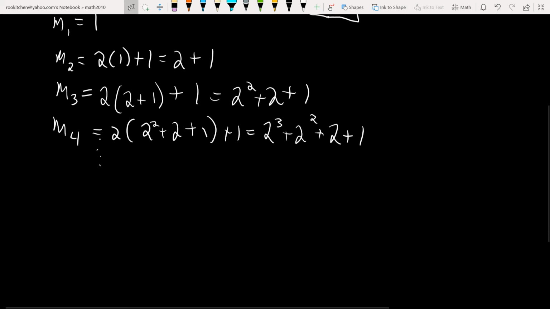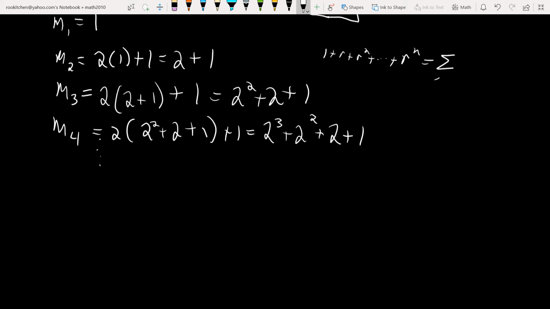It's a familiar pattern based off this formula that they gave to you: 1 plus r plus r squared plus dot dot dot plus r to the n is equal to the sum from i equals 0 to n of r to the i, and then we have a closed formula for that. It would be r to the n plus 1 minus 1 all over r minus 1.